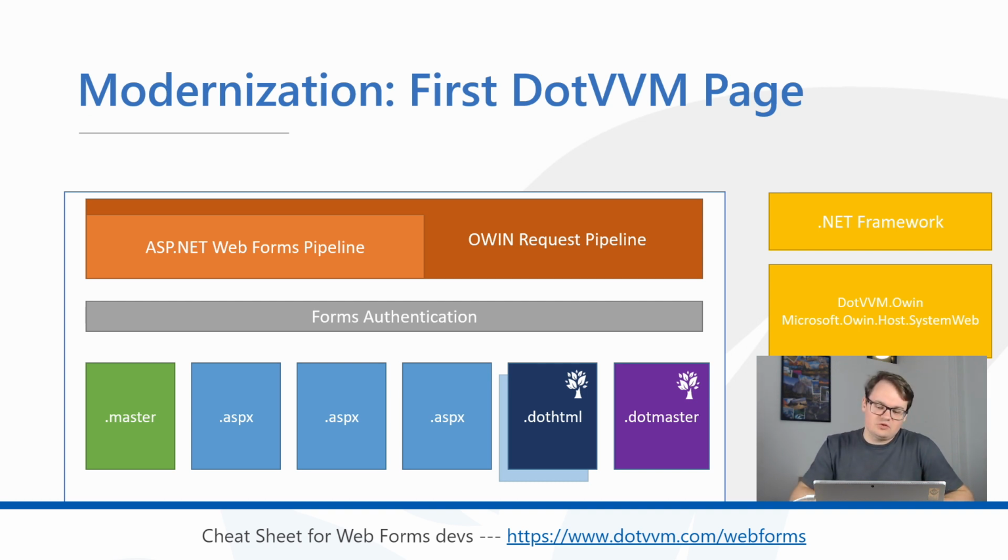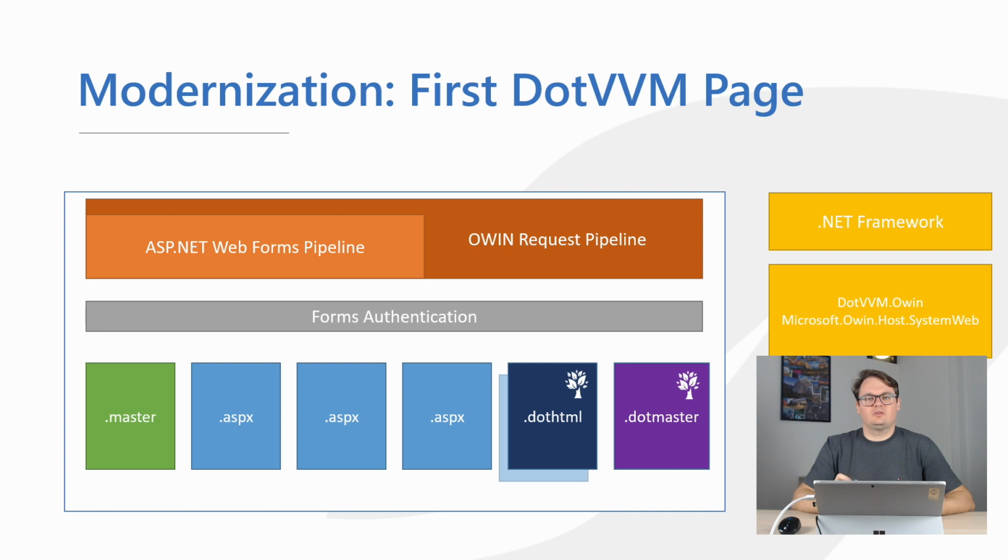The biggest issue for me are the login controls, because if you have been using the ASP login, ASP forgotten password wizard, there are no equivalent controls in .vvm. You need to create the forms by yourself, but maybe you can leave these pages and migrate them at the very end, because there is a chance that you would be exchanging forms authentication with some other authentication model that will maybe not need these pages at all.